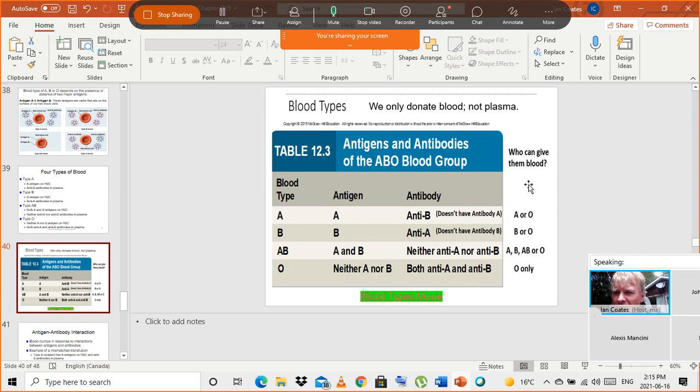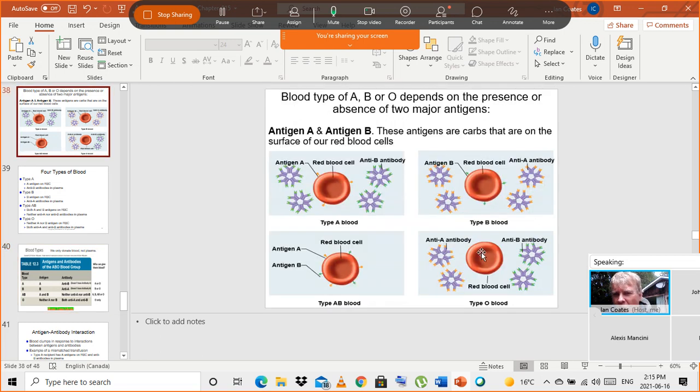So you see here, who can give them blood? You'll see that O can go to anybody, because remember, it's not the plasma, it's only the blood. If O is going to go to anybody, there are no antigens on it. So cancel all these antibodies, because they're not going to the patient.